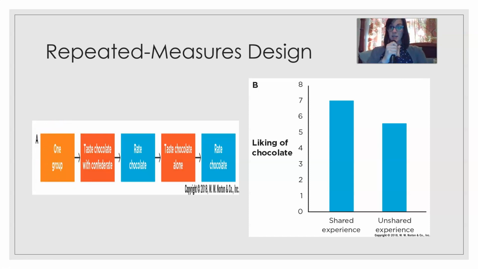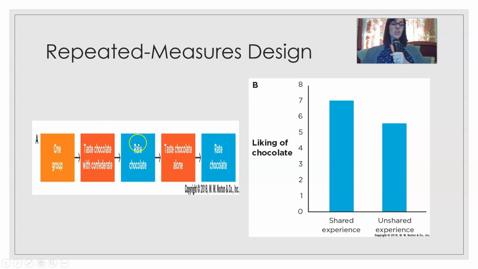We're not dividing people into groups here. This particular study was discussed in your book, looking at whether shared experiences would make you like things more. So they had you either tasting chocolate at the same time that a confederate just happened to be tasting chocolate, and it's the same chocolate, but you're told that it's different so that we don't create any confounds.